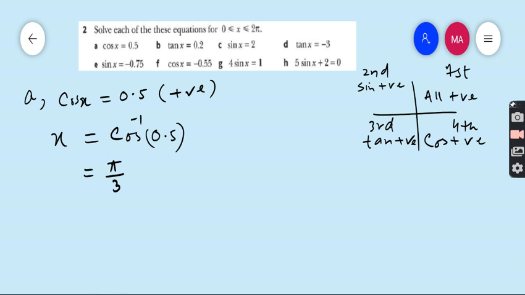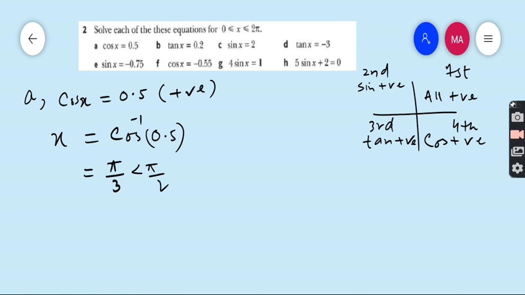This is very important: whenever you do the work in radians, your calculator must be in radian mode. So this is pi by 3, and pi by 3 is less than pi by 2. It means this value is already in the first quadrant, so pi by 3 is acceptable.